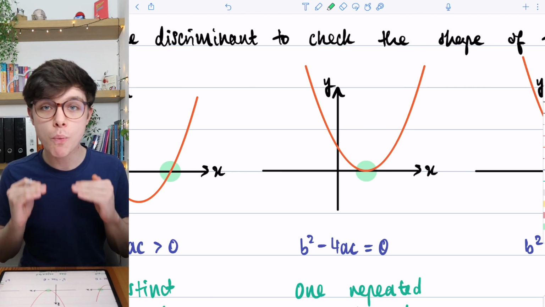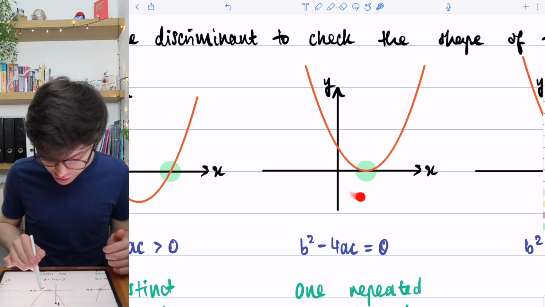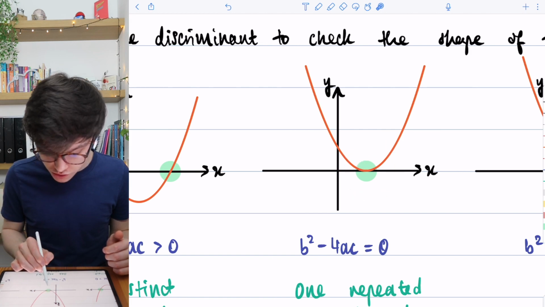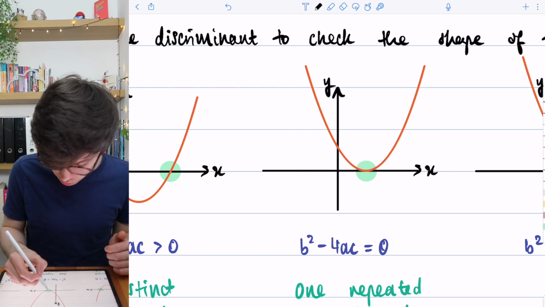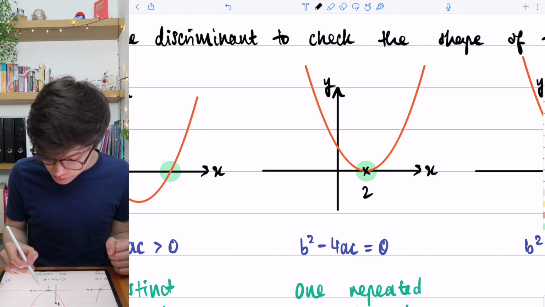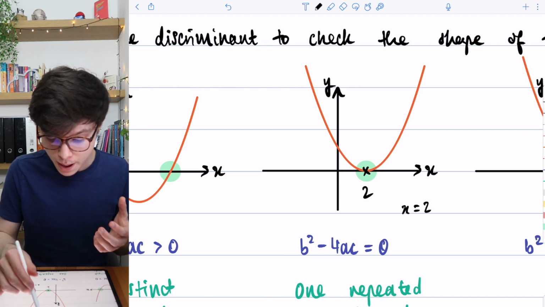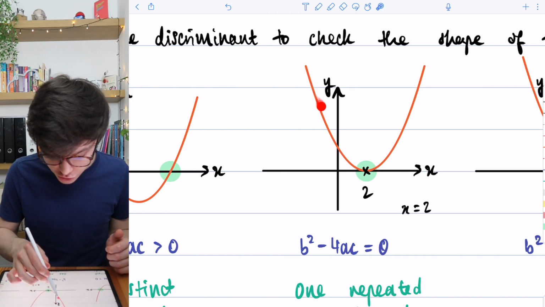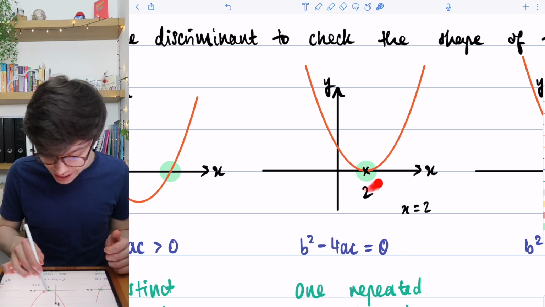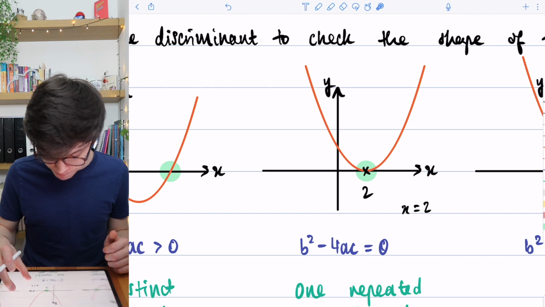Remember, the roots are where we intersect the x-axis. So we can see there that that is our root. That root could, for example, be 2. We would have x equals 2 being a root, but I would say that's a repeated root. The reason for that is because the turning point is the actual root itself. It intersects at the turning point.